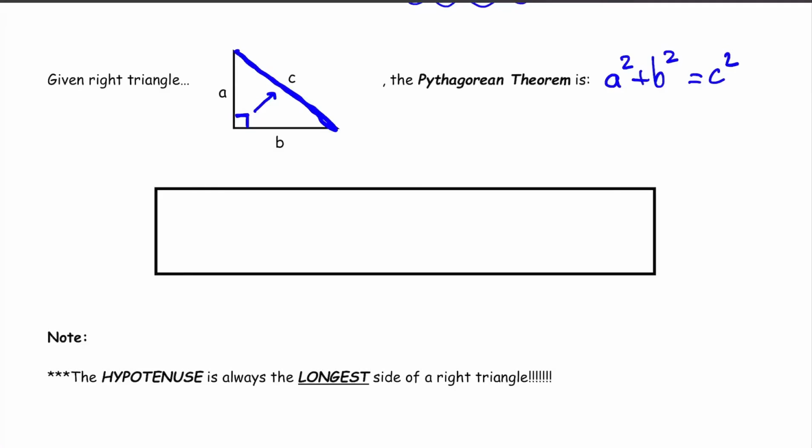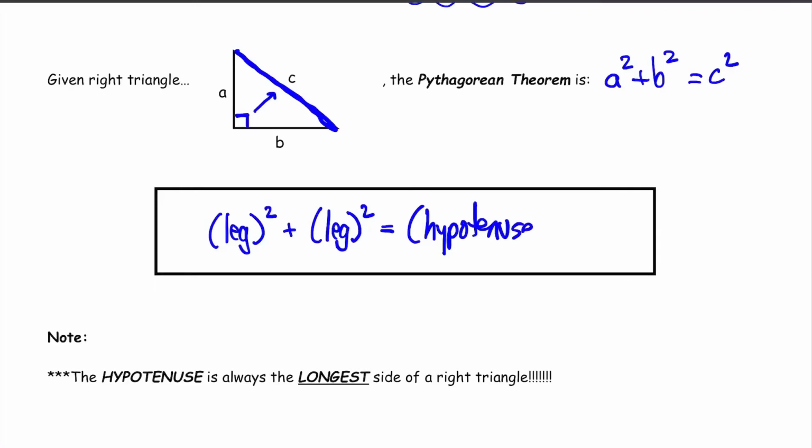So instead of just remembering A squared plus B squared equals C squared, I prefer if you remember leg squared plus leg squared equals hypotenuse squared. That is your A squared plus B squared equals C squared. It's always leg squared plus leg squared equals hypotenuse squared.